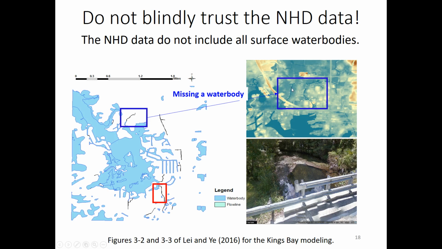Again, it has width, and in this part, you see this is from the DEM. This water body is entirely missed in this NHD data. And we checked Google Earth, and we can tell there's indeed a creek here, so you have to add this water body into your NHD data so that your NHD data can be accurate.